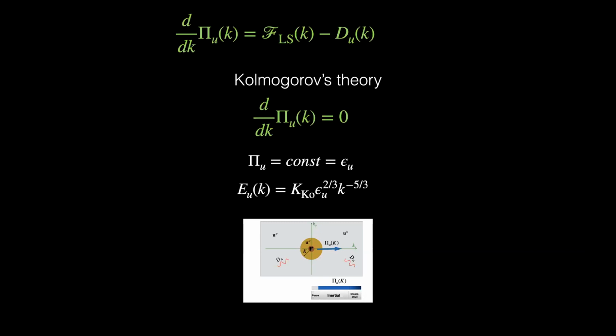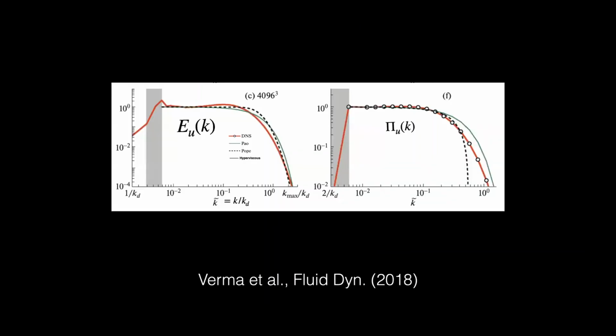It could be like a bucket of water that I stir with a big spoon, a big stirrer like that. The flux is constant in the inertial range, and this is verified in many simulations. Here is one such simulation, normalized. You can see that in wave number space, the flux is constant. Of course, in the dissipation range the flux decreases, but in the inertial range the flux is constant.